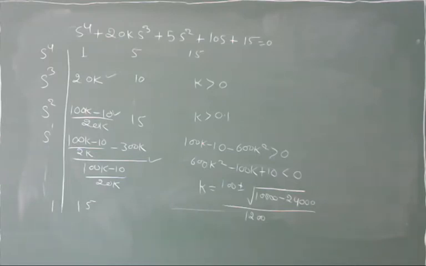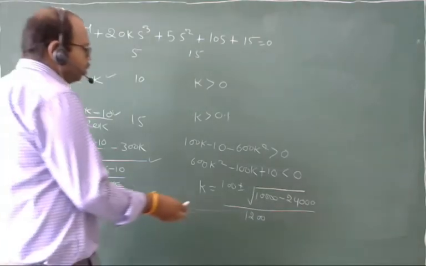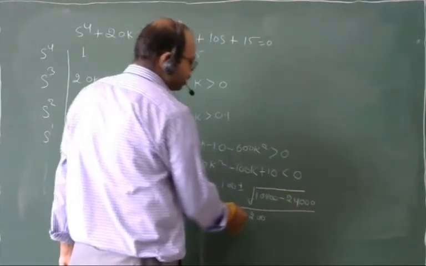right? But k should be a real value for the system to be stable, and here we are finding a value which is complex.